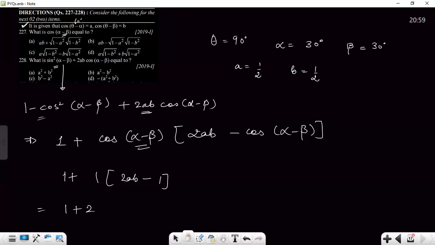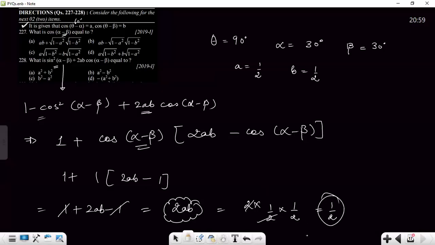Solving, the 1 and minus 1 cancel, so this becomes equal to 2ab. 2 into A is half, B is also half. 2 cancels 2. The final answer comes out as half. Great. Let's now find when half will come by checking the options.